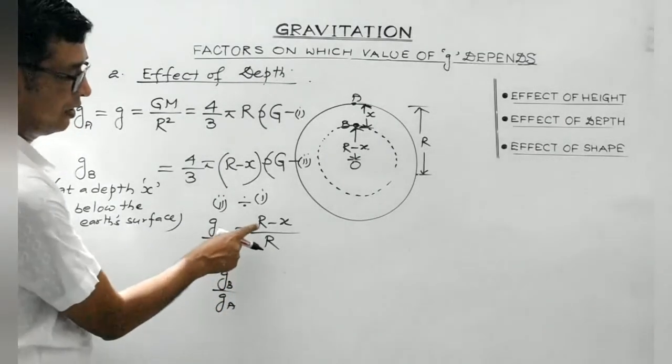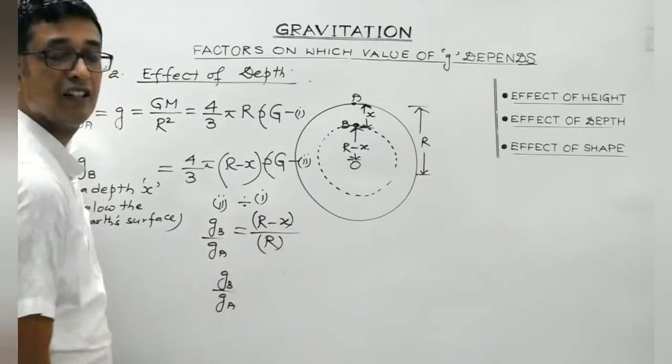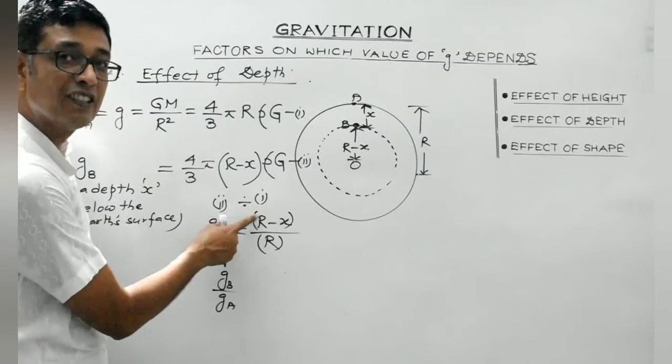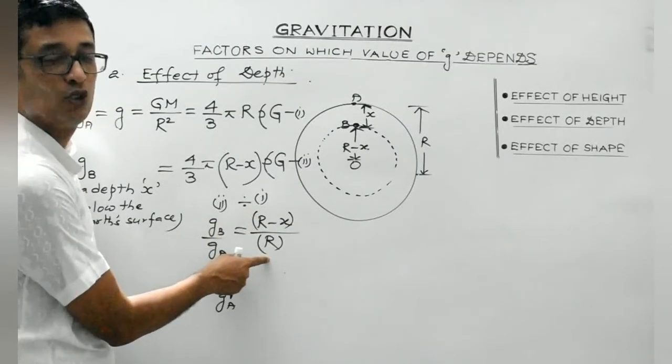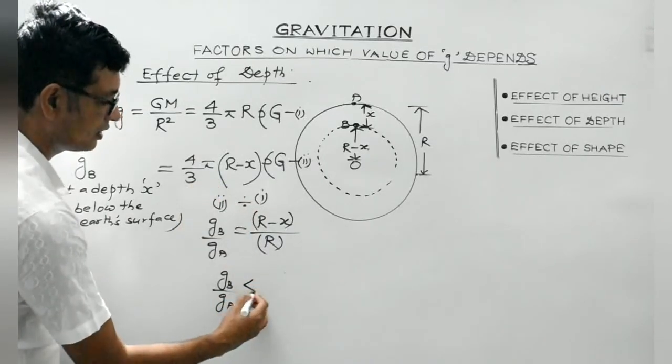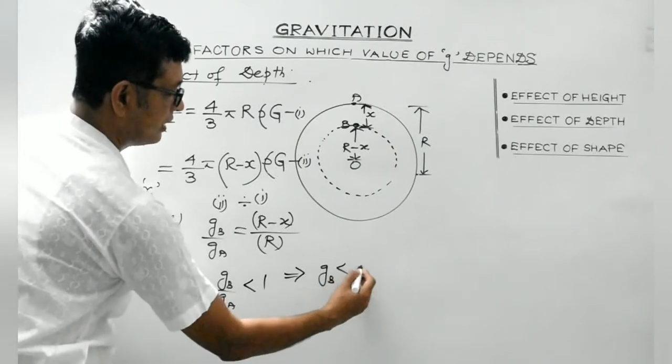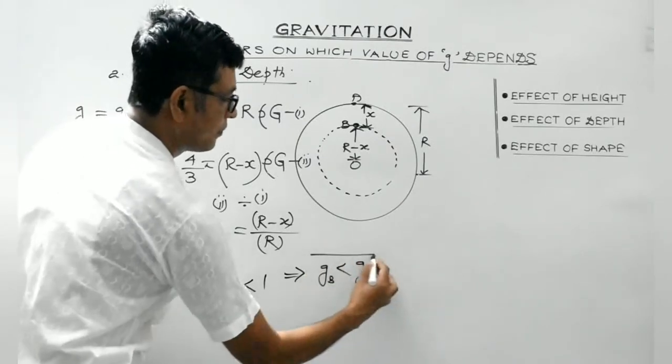Now look, in the numerator it is r minus x, in the denominator it is r. So here the numerator is less than the denominator, so this fraction is less than 1, which implies that GB is less than GA.